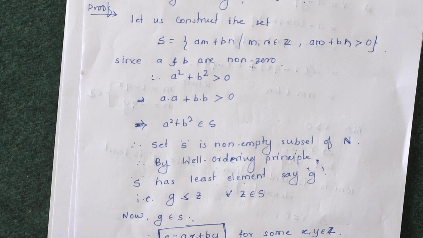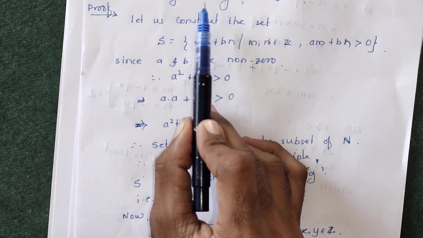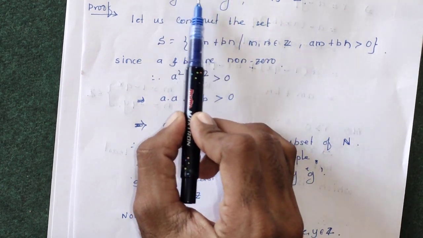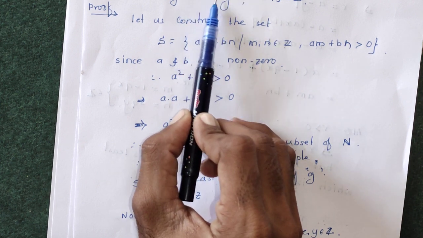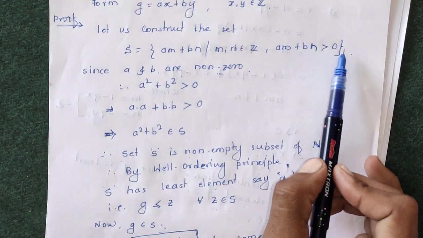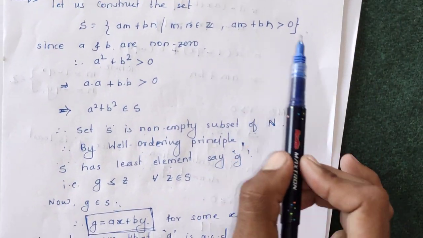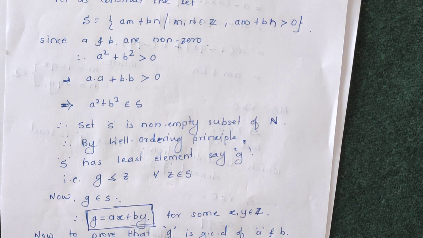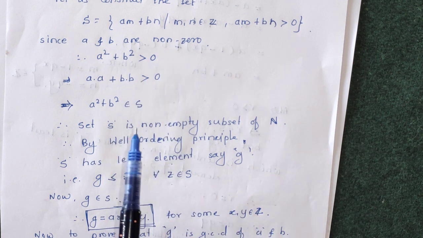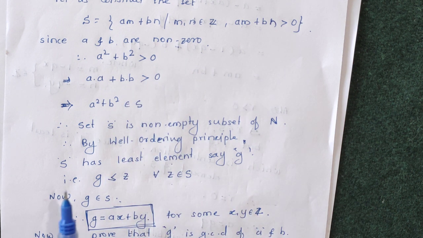To prove this result, we considered the set S of the form am plus bn, where am plus bn must be greater than 0, a subset of positive integers. To prove this, we use the well ordering principle, whose condition is that our set S must be a non-empty set of positive integers.